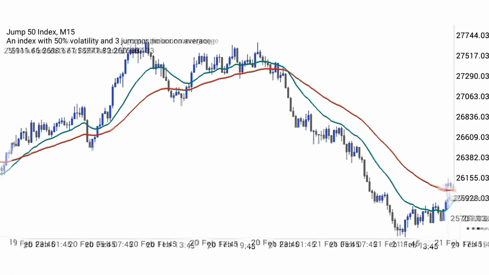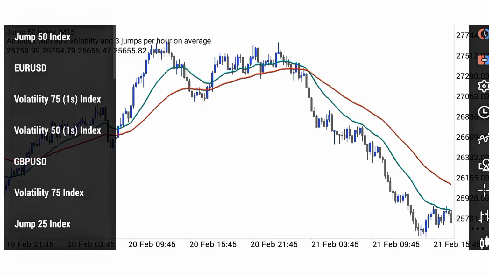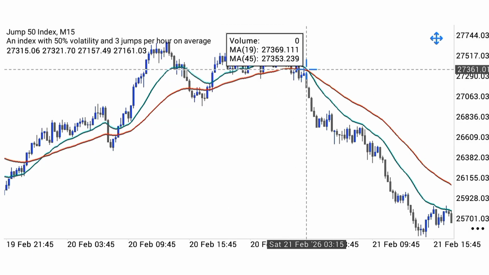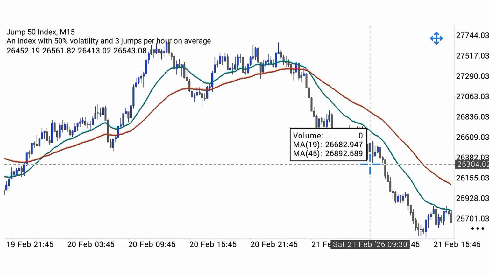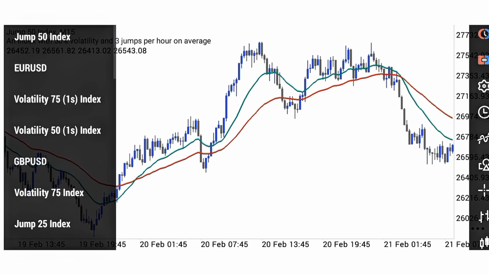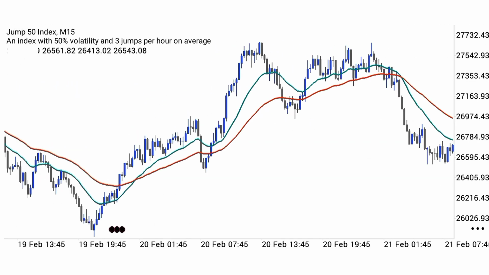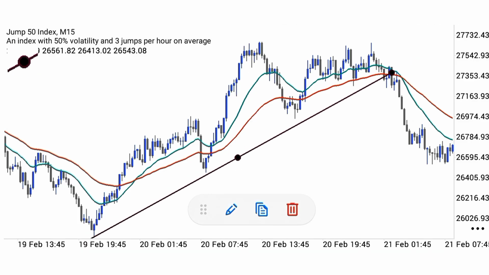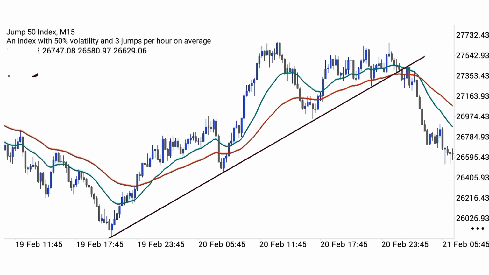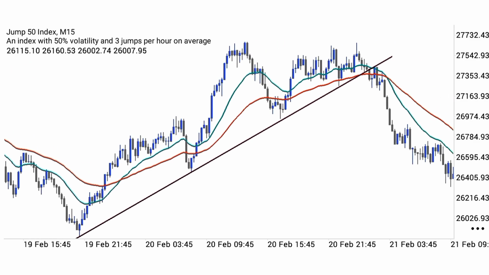Now, the same thing happened here. So right here, you can see that after this crossover, the market began to move down. Meanwhile, before that, the market was moving in an uptrend. You can see this. The market was moving in an uptrend here.